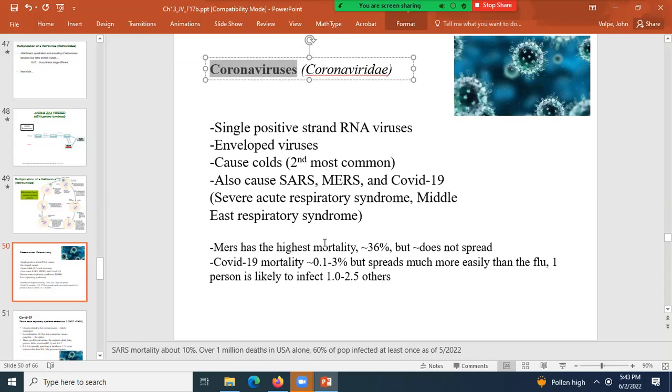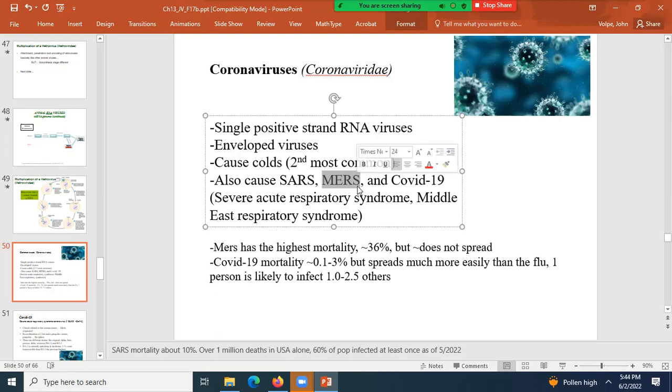The most mortal, meaning the one with the highest mortality, is MERS, but fortunately MERS does not spread from people to people. MERS usually spreads from camels to people.